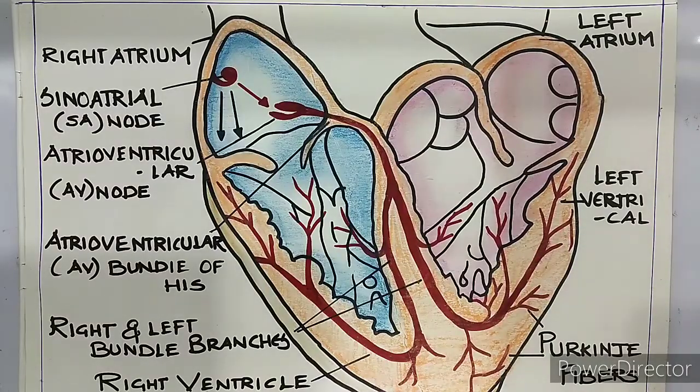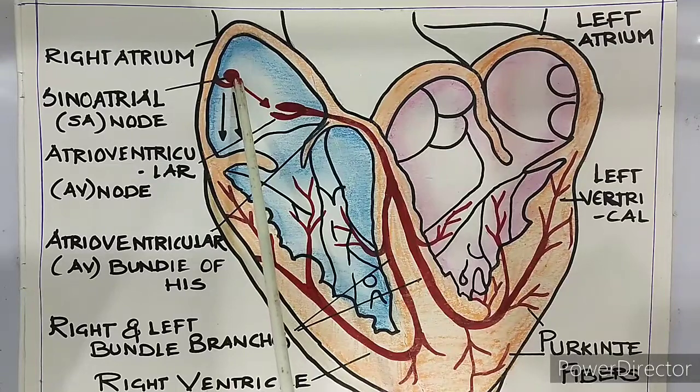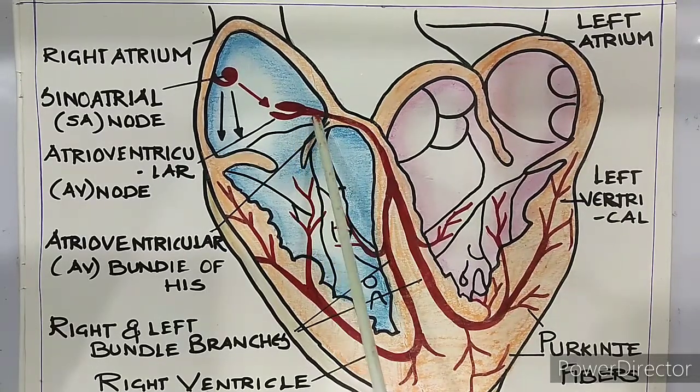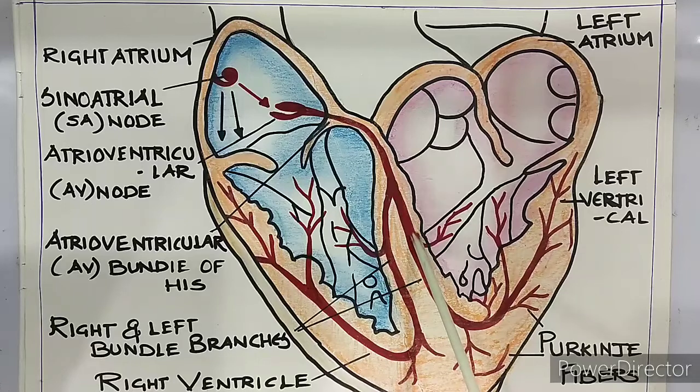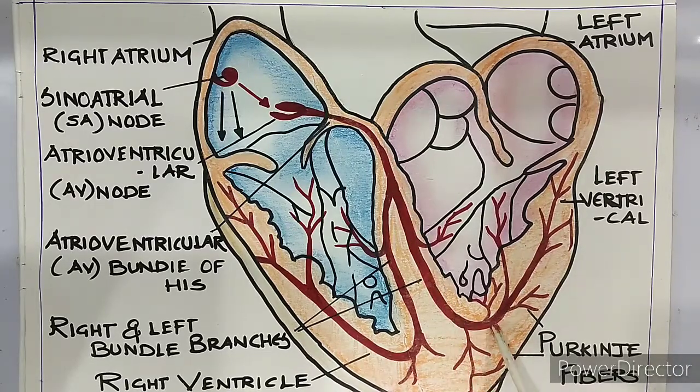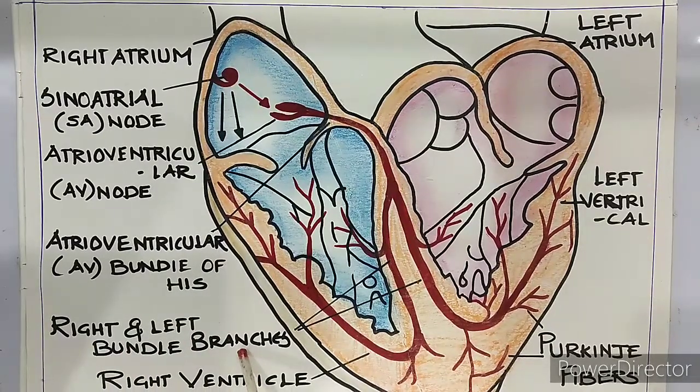So here, children, the conducting tissues or the nodal tissues are beautifully seen in this section of the heart. Here, in the right atrium, the sinoatrial node, also the atrioventricular node. Look here, children, this fiber-like structure. This one towards the right side, this one going towards the left side, forms the right and the left bundle branches.